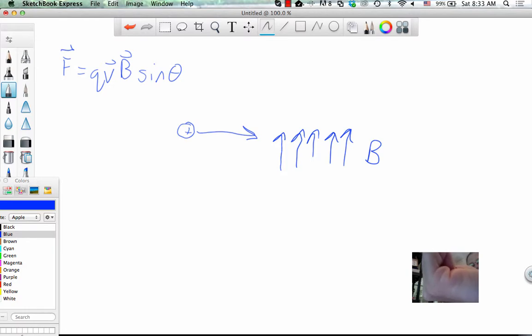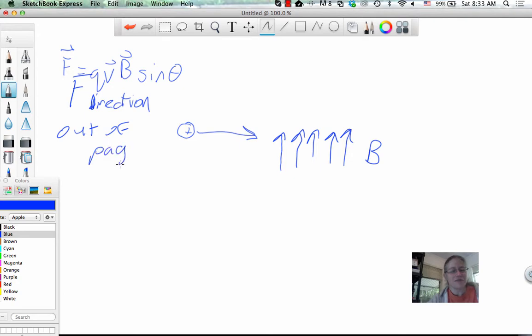My thumb is pointing out of the page, and so that means the force is coming out of the page in this direction. So for this particular example, F direction: out of page.